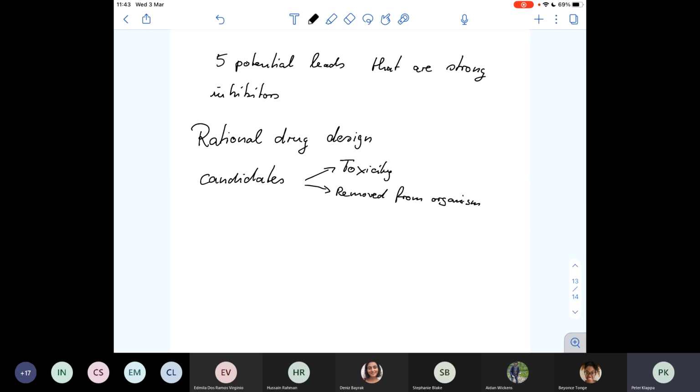But what we can do is take this candidate that is so toxic and try to modify it. So, for example, to reduce the toxicity for the host, for the patient, we can add some other chemical groups to it, which makes it less toxic.